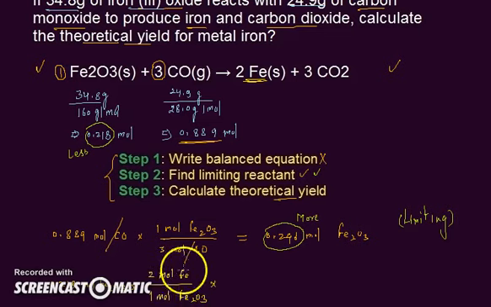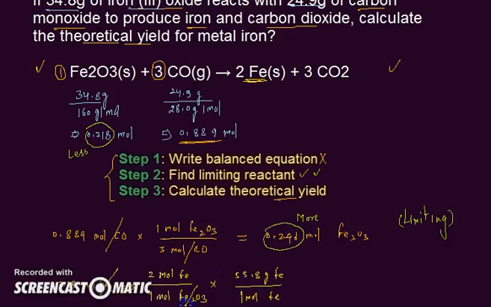Here we got the moles of Fe and we convert its moles into mass. The atomic mass of Fe is 55.8 gram per mole. I mentioned here 55.8 gram Fe, and in the bottom we have 1 mole Fe.